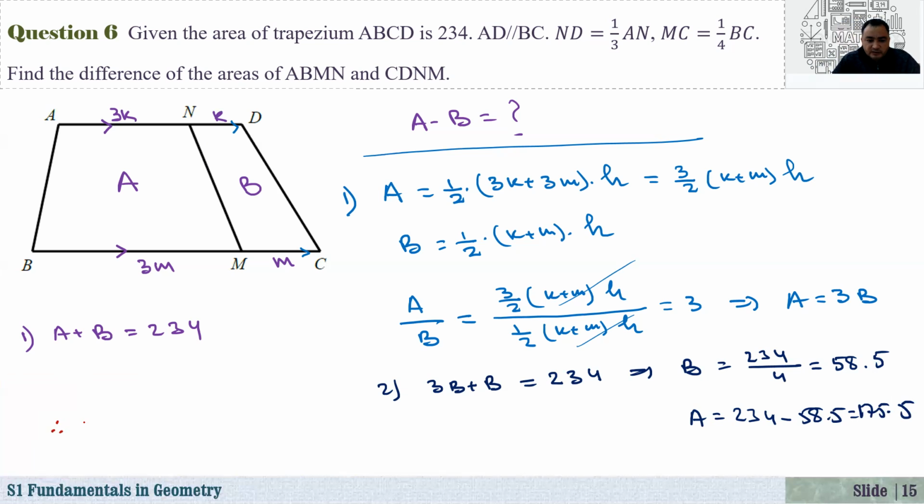We need to find the difference. A minus B is equal to 175.5 minus 58.5. So that's equal to 117. So the difference is equal to 117.